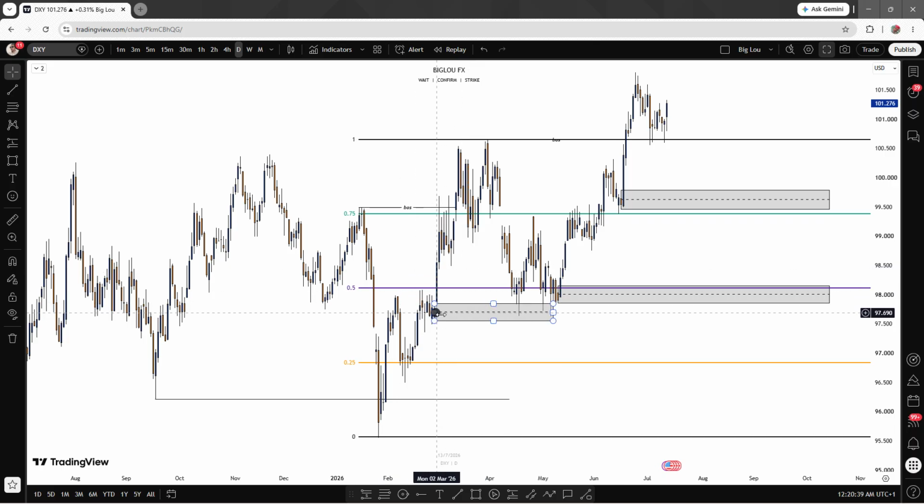So this zone meets all the criteria. That is exactly what validates this zone. For me, dividing my Fib tool into four quarters, I prioritize extreme zones.